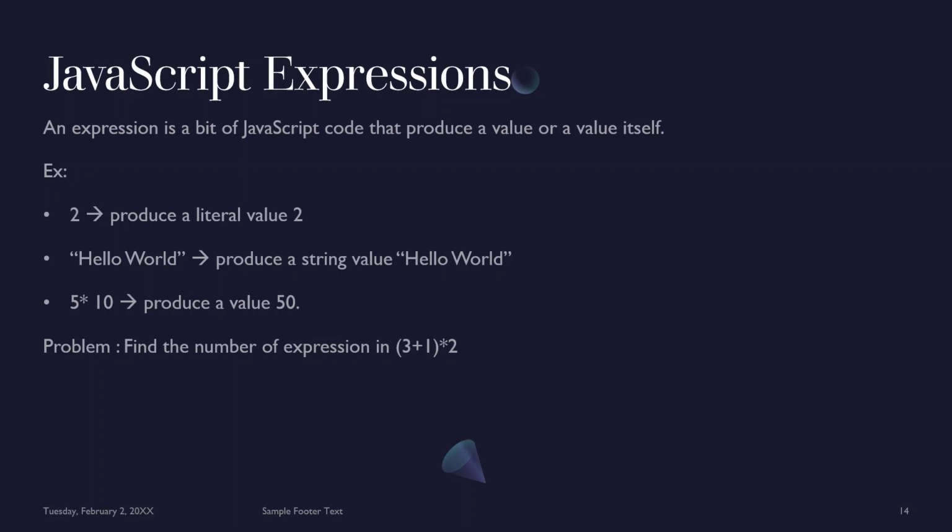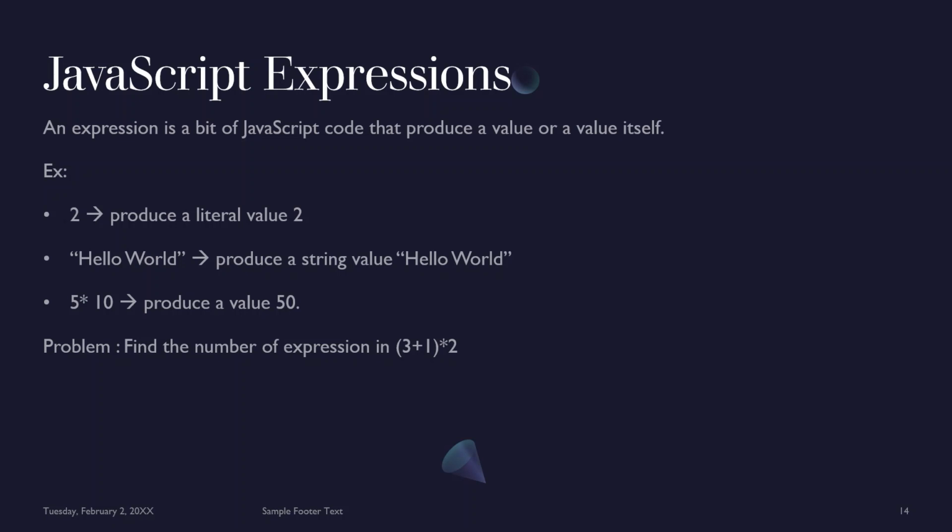There, 500 is the expression. Here, if we see the example, 2 is a literal value and it is an expression. A string, hello world, is also an expression because it has a value. 5 multiplied by 10 produces a value 50, so it is an expression, and this is an arithmetic expression.